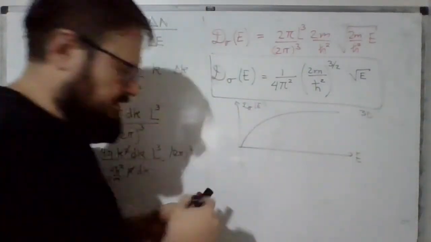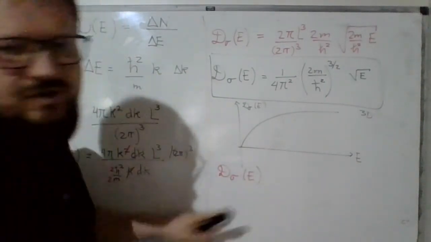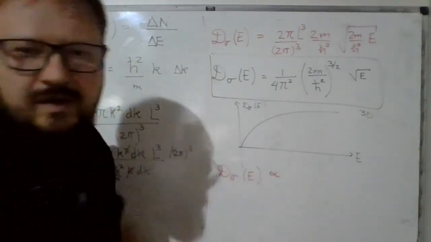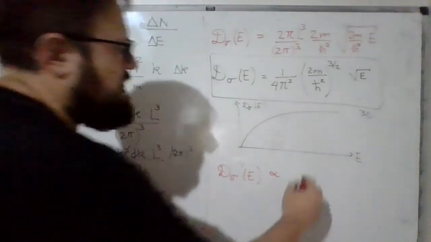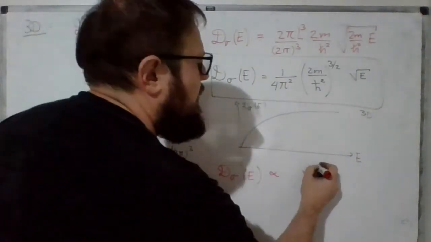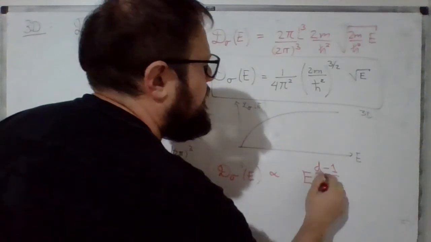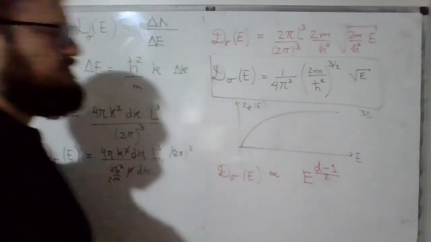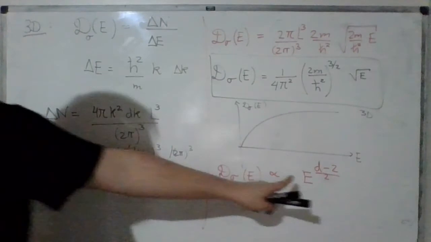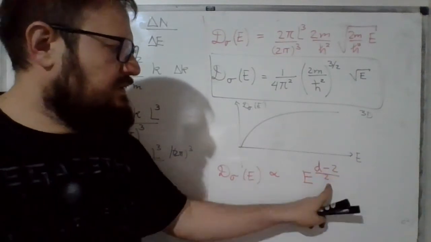3D. You can show, I will leave it as an exercise, that the density of states for parabolic dispersion is proportional to the energy to the power (d minus 2) over 2.